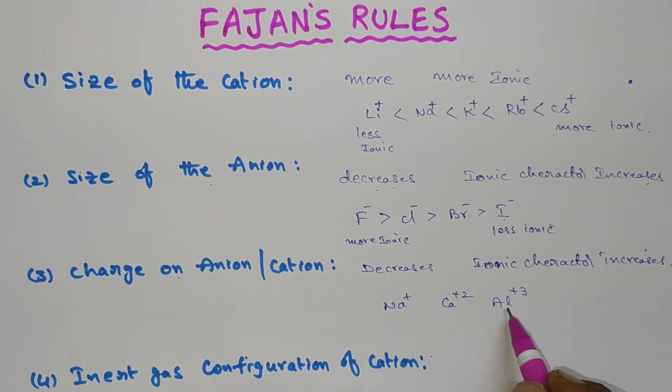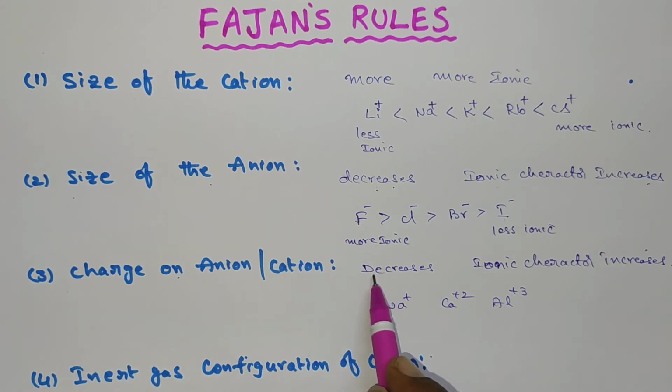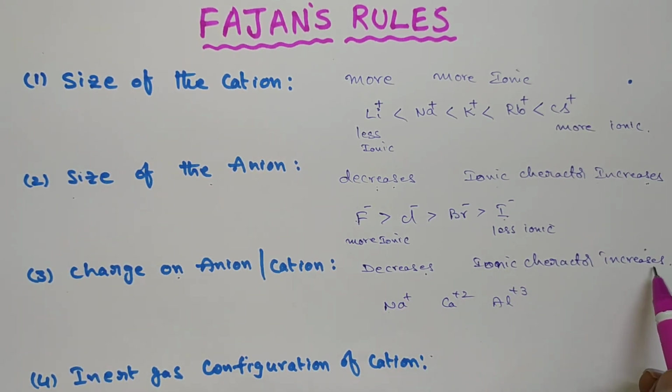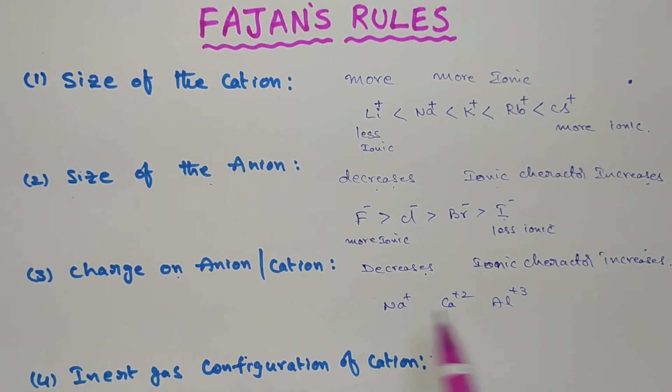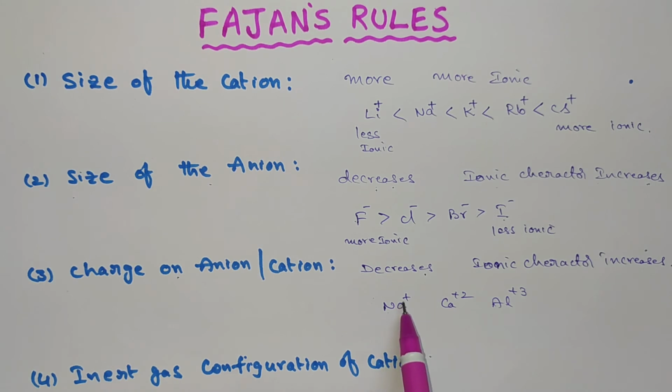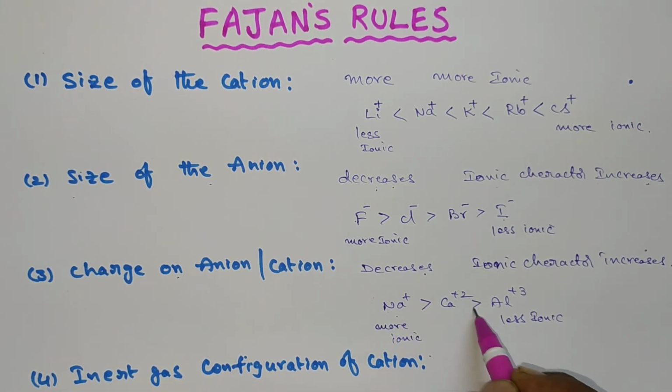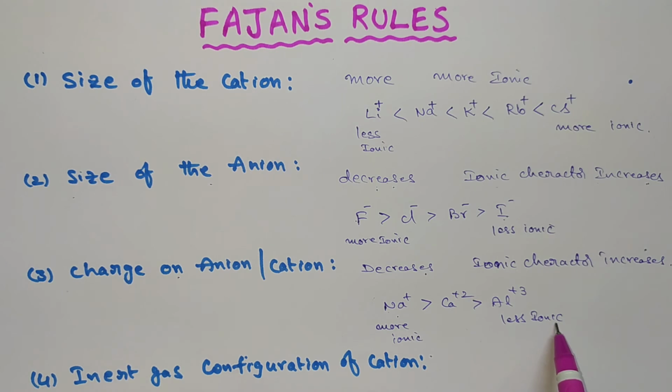From sodium to aluminum the charge goes on increasing. If the charge on the cation or anion decreases, the ionic character will be increased. Here the charge is less, so it will be more ionic, and this will be less ionic. So Na plus is greater than Ca plus 2, which is greater than Al plus 3. This will be the order of decreasing ionic character.